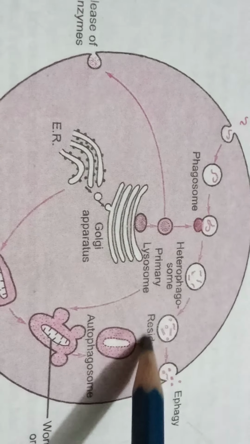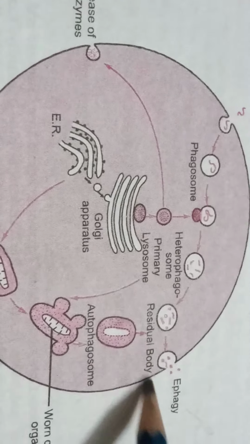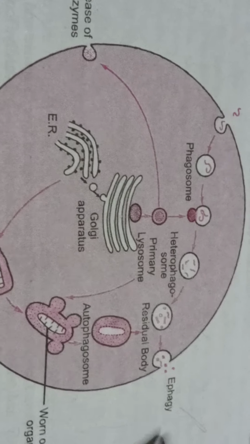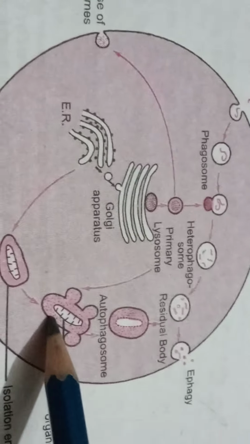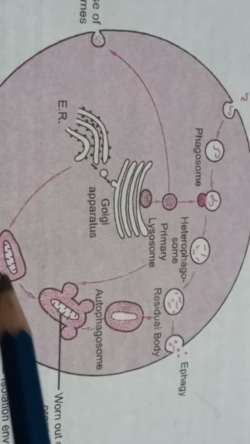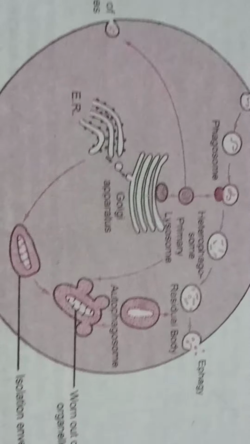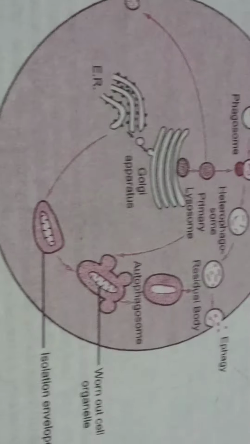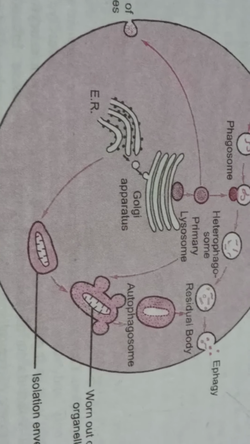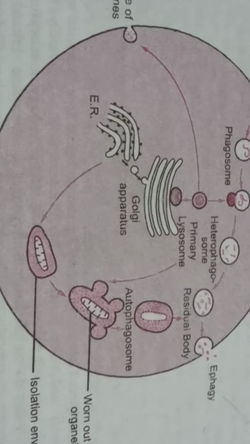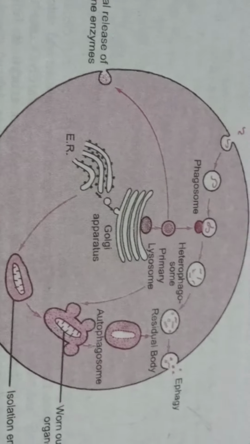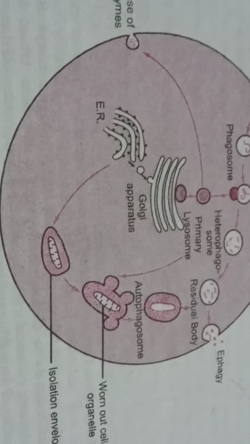Residual bodies, with the help of ephagy, send out these substances. Or else sometimes the autophagosomes or the autophagic vacuoles will also engulf the debris and will help in disposal of these particular structures. That means ultimately these lysosomes help to remove the unwanted parts within the cell structure.